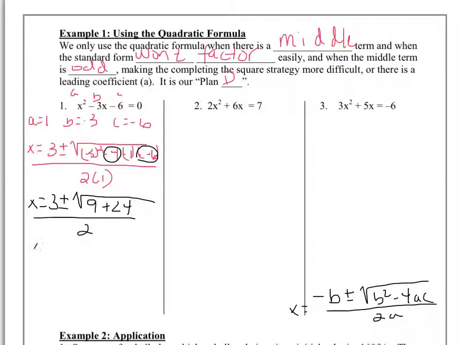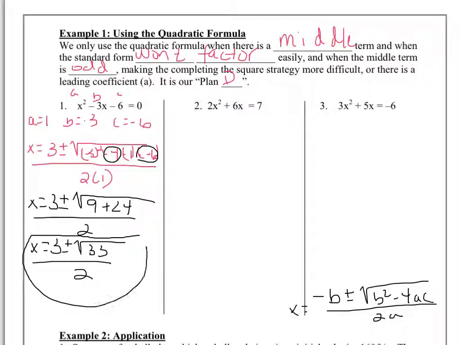Then I can simplify one more time. x is equal to 3 plus or minus the square root of 33 divided by 2. Okay? This is actually our answer. We can't reduce anything here. Okay, so it looks really messy. So again, this is why it's kind of like our last plan. This is a really hard trinomial to factor here, so we're using the quadratic formula.